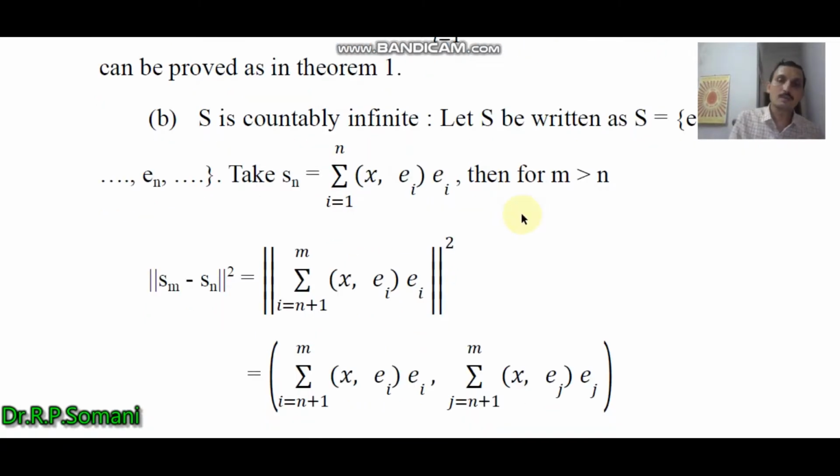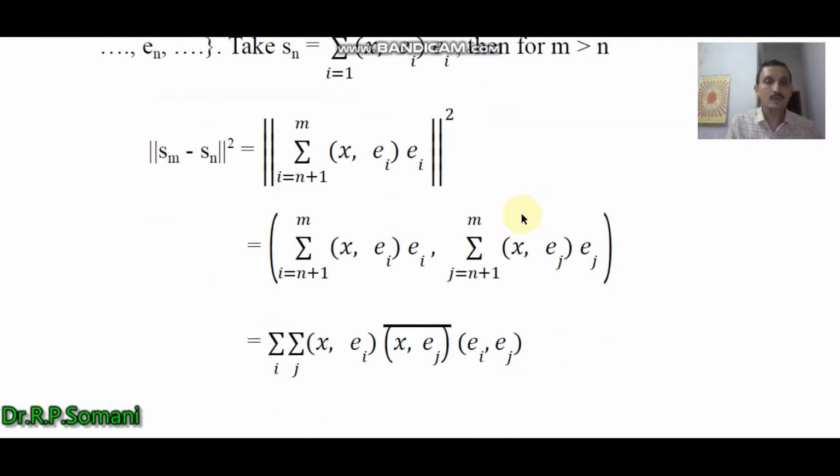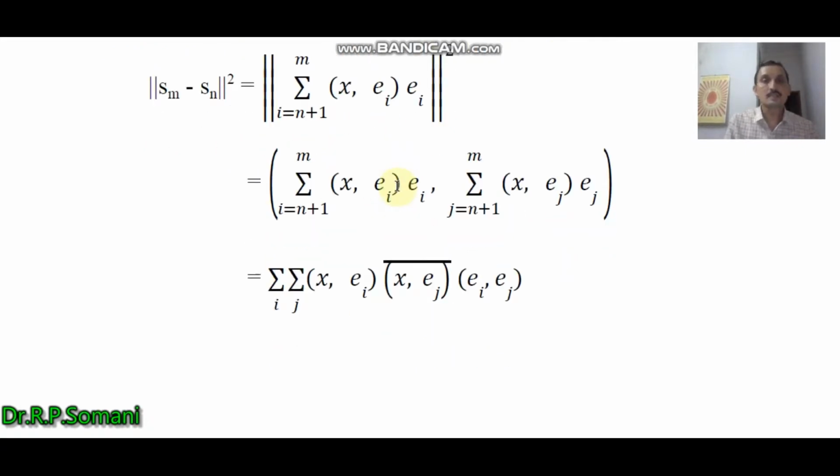Then for m greater than n, we have the norm squared of S_m minus S_n equal to the norm squared of the summation i varying from n plus 1 to m of ⟨x, e_i⟩ e_i, which is the inner product of the summation i varying from n plus 1 to m of ⟨x, e_i⟩ e_i with the summation j varying from n plus 1 to m of ⟨x, e_j⟩ e_j.